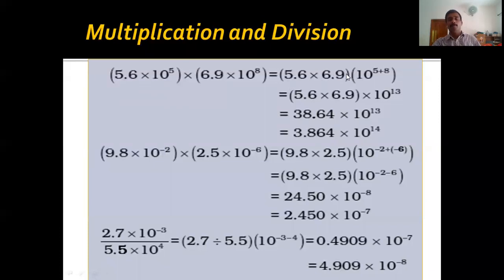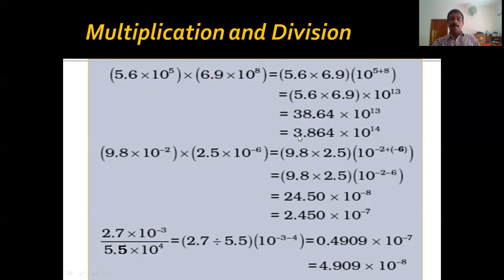Then multiply the exponential part, 10 raised to 5 into 10 raised to 8, which can be written as 10 raised to 5 plus 8. So 5.6 into 6.9 is equal to 38.64 into 10 raised to 5 plus 8, 13. But it is not scientific notation. How will you write it in scientific notation?